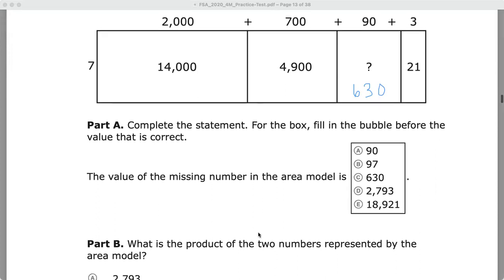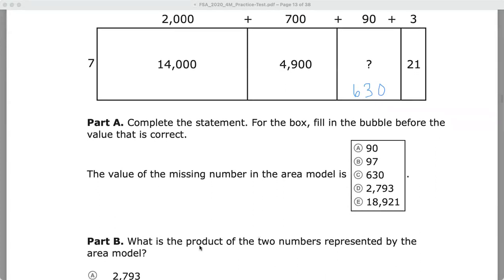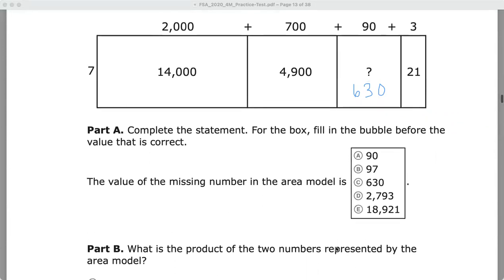For the second part, they want to know what's the product of the 2 numbers represented by the area model. So this top number here, 2,000 plus 700 plus 90 plus 3, is 2,793.